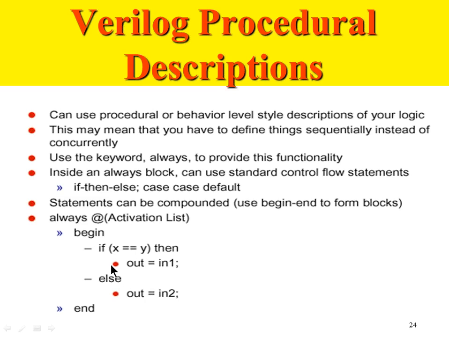This is a comparator in hardware. Two equal signs means we are checking if x is equal to y. If x is equal to y, the out signal gets the in1 value, else out gets the in2 value. End the always block. So this is a simple comparator, and this Verilog code will generate a comparator in hardware after synthesis.